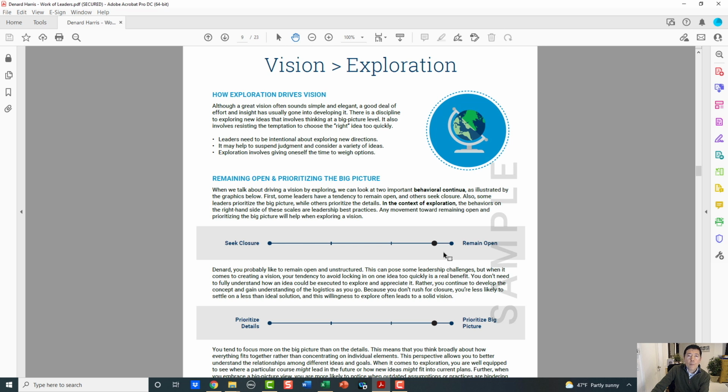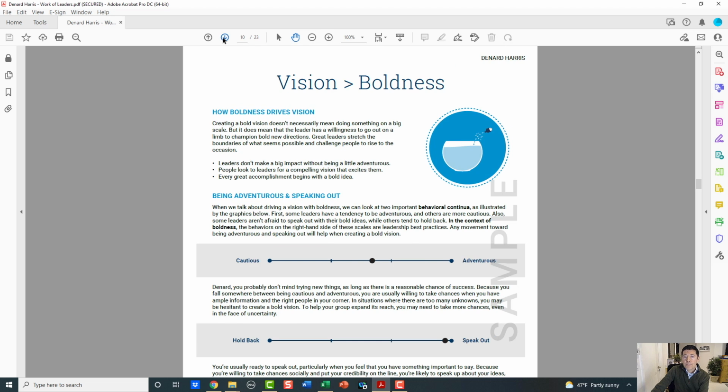This isn't the type of report where there are no established best practices and either side is okay. We believe that remaining open and prioritizing the big picture are best practices and is where the leader should be in order to fully manifest exploration at this step in the visioning process. So you can clearly see that the leader is strong in these areas. On these next 2, they're strong on speaking out, not as strong on being adventurous.